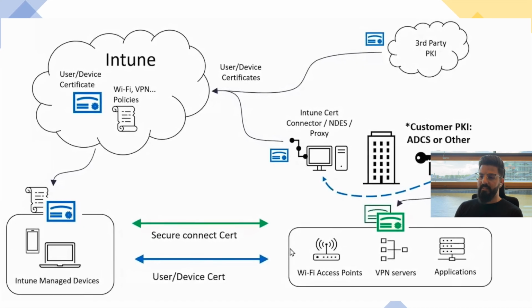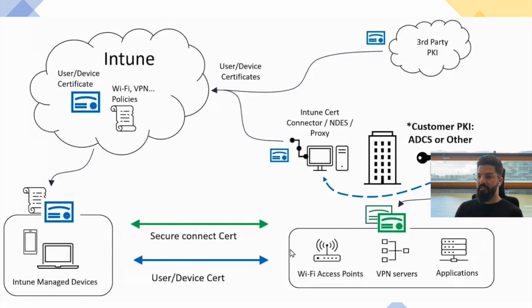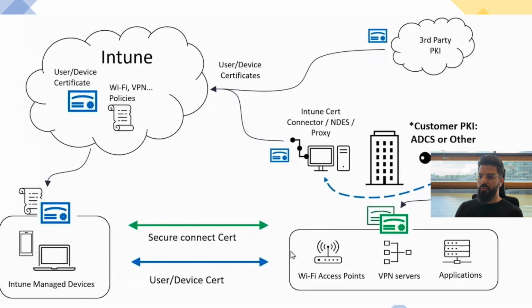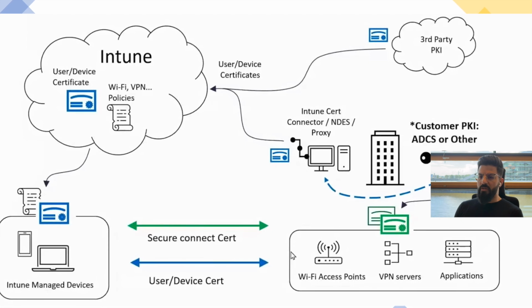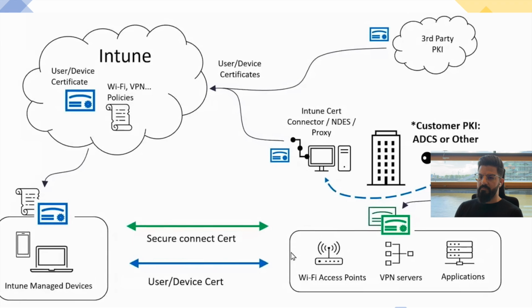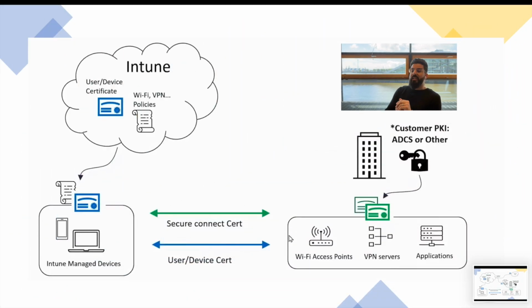You don't need an index server, you don't need this certificate connector, and you don't need to go through those proxy configurations. So you will begin to see that Intune Cloud PKI essentially removes a lot of complexity.